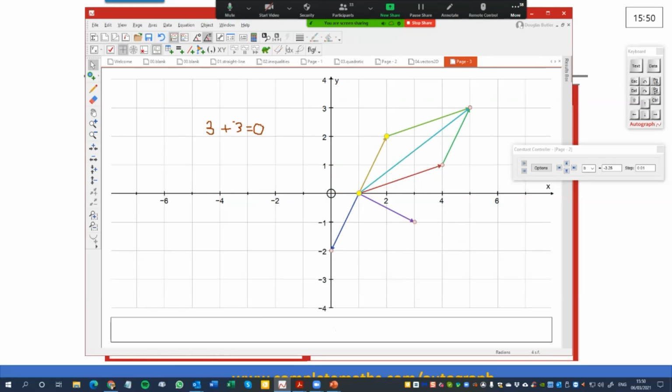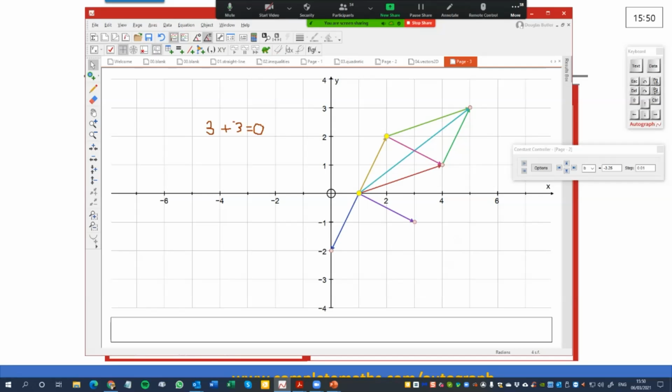So we could just as easily have taken these two and put the answer here. Vector add. Now that's pretty remarkable, isn't it, that the sum of two vectors is this diagonal and the difference is this diagonal.